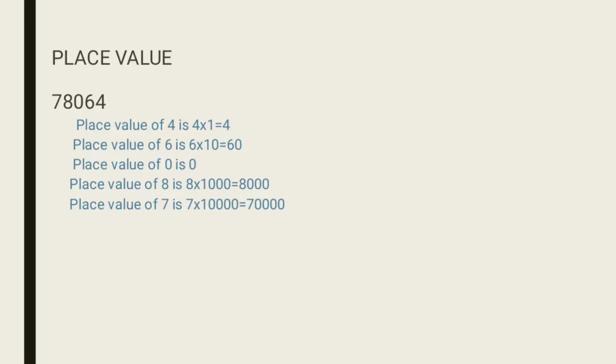First we will find out the place value of the first digit, and the digit is 4. The place value of the digit 4 will be 4 into 1. 4 is the digit and 1 is its base value, because 4 is present at ones place. So the place value of 4 will be 4.